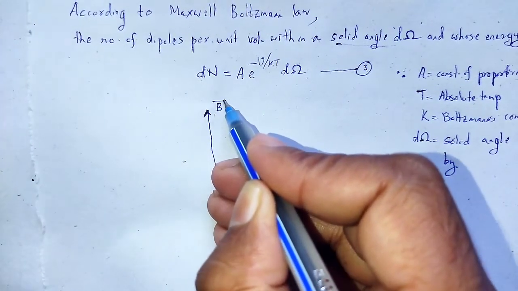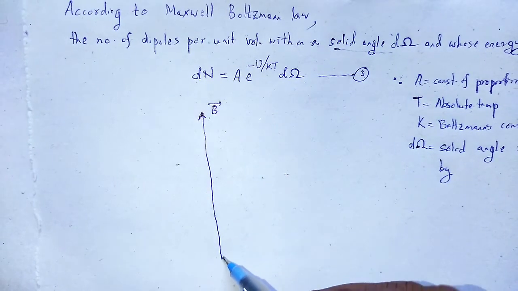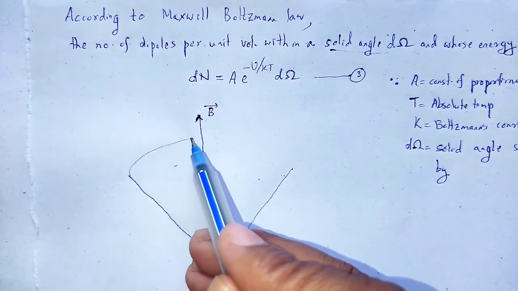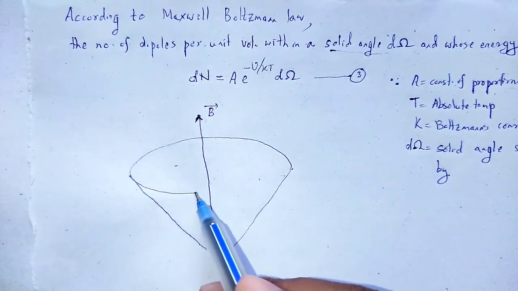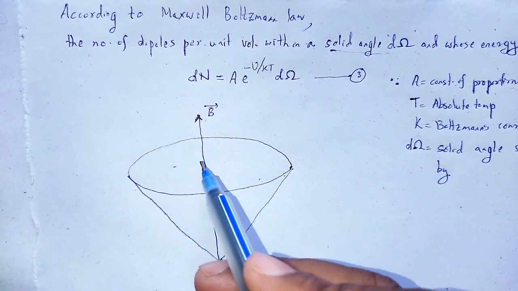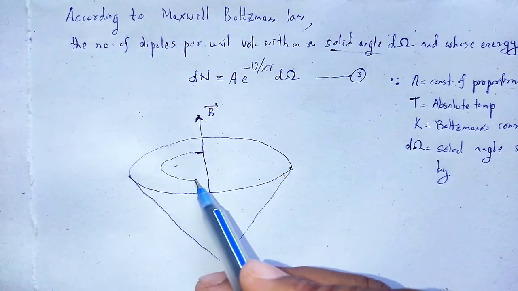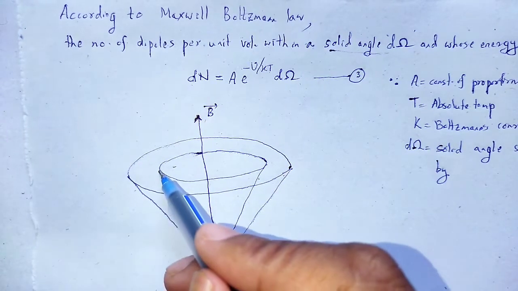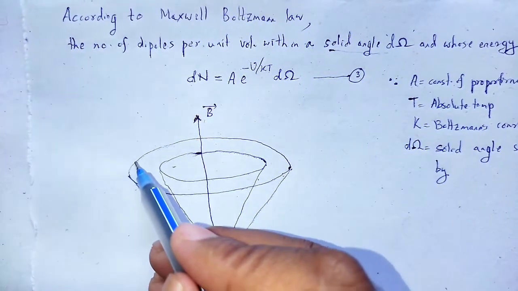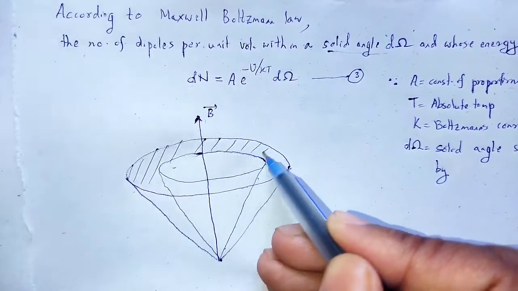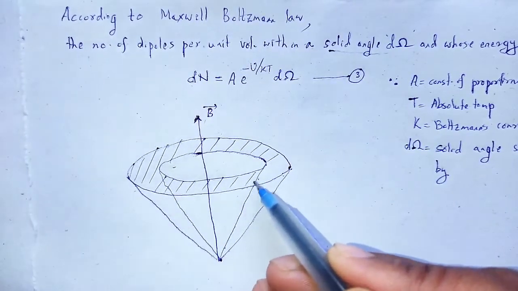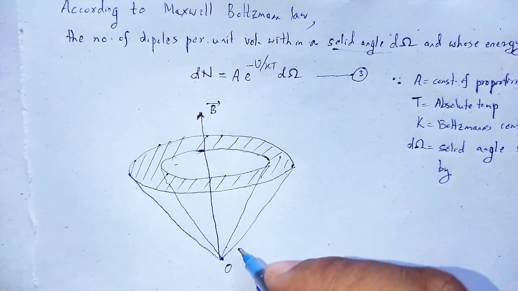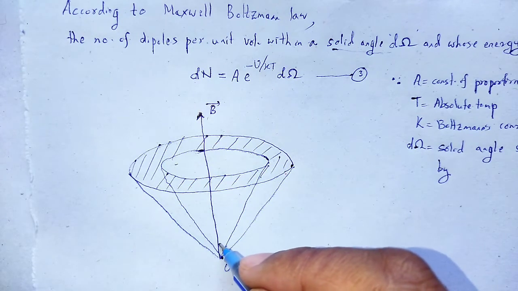That is the applied magnetic field and origin O, that creates angle theta.